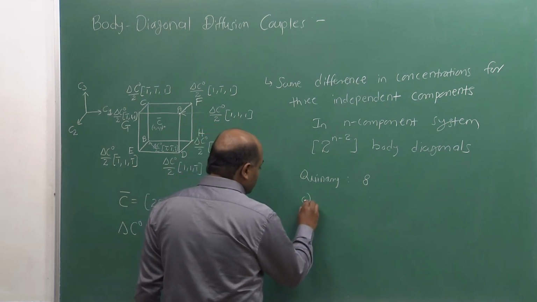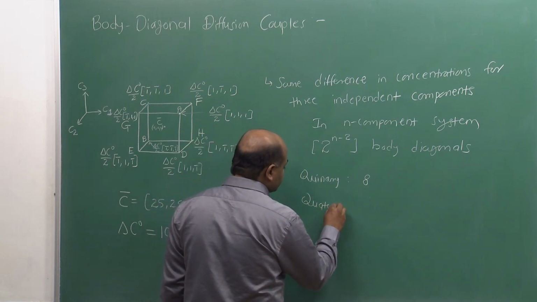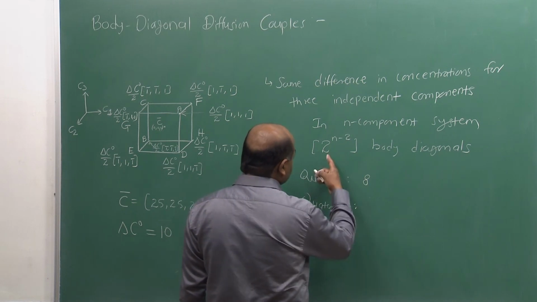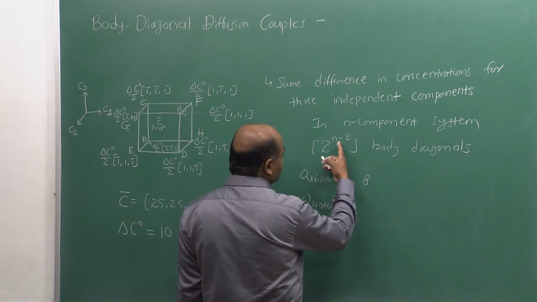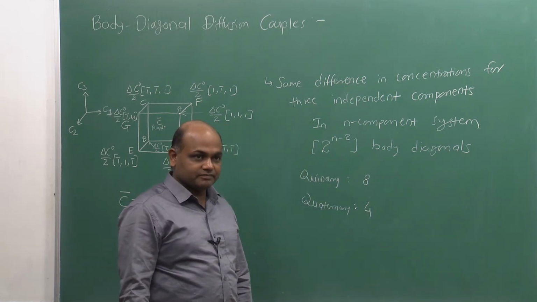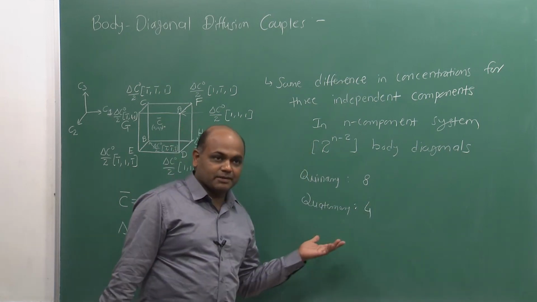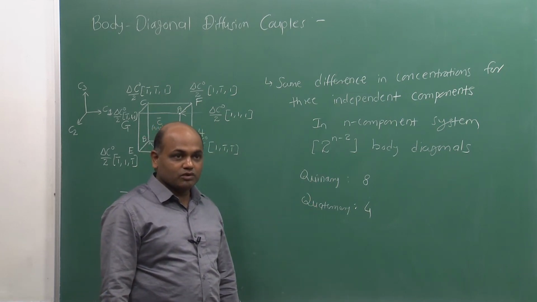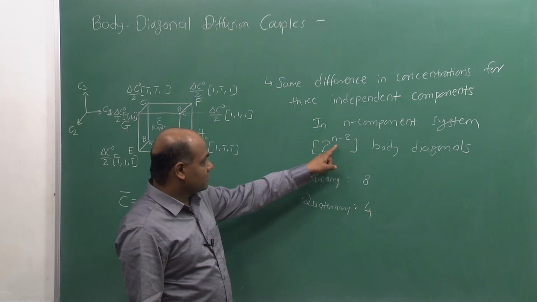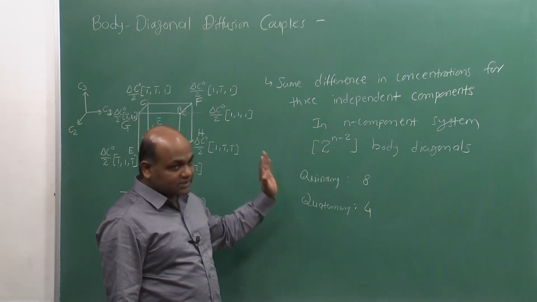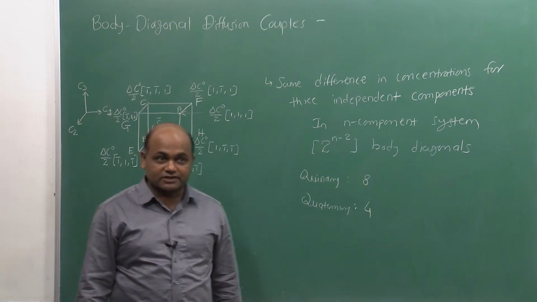In quaternary, we have already seen, in 3-dimensional composition space, there will be 2 to the power 2, 4 body diagonals, which I already got. Ternary is simple, it will be a square and there will be 2 body diagonals, 2 to the power 1, 2 body diagonals. And this way we can extend this method for higher order systems.